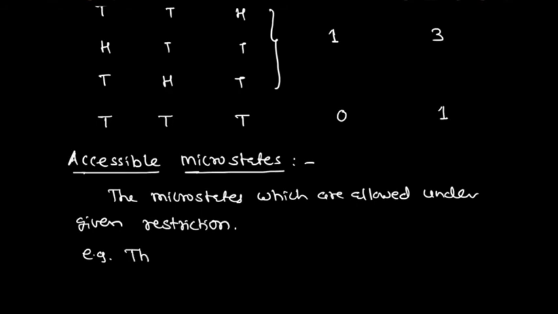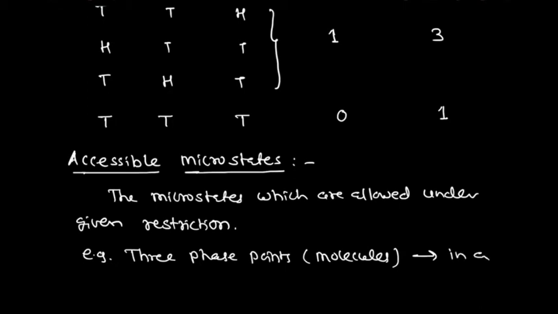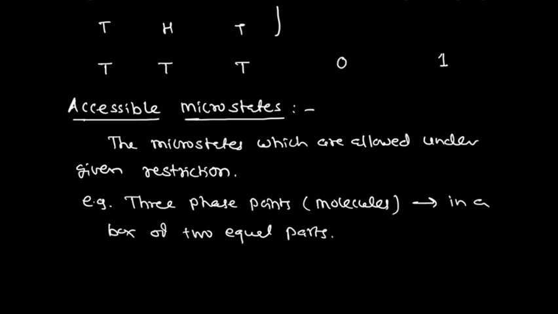If we consider 3 phase points, or we say molecules, which are distributed in a box of 2 equal parts, then how many microstates are we getting under the given restriction?